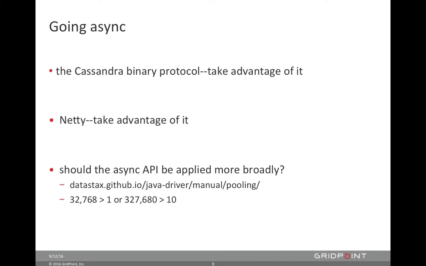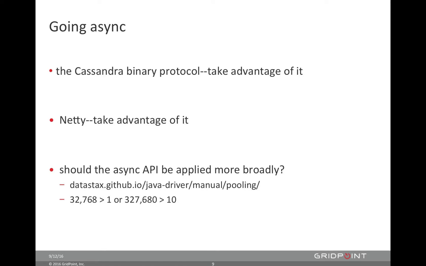One is not as good as 32,768, or 10 for 10 connections in a connection pool is not as good as 327,680. Disclaimer, just because your client can send out 32K or 327K requests simultaneously doesn't mean you'd want it to.